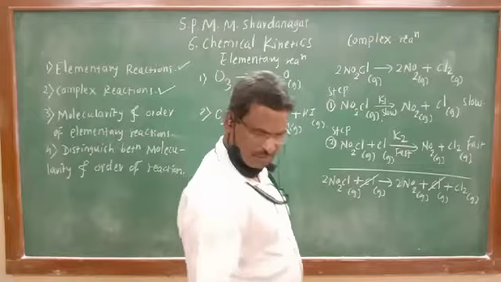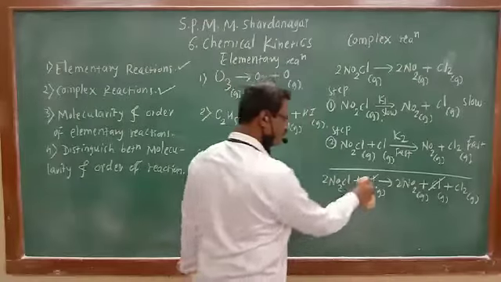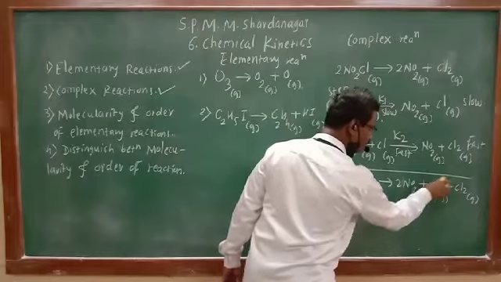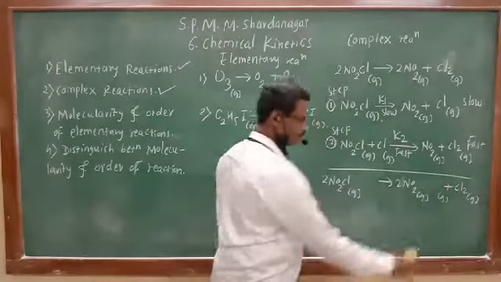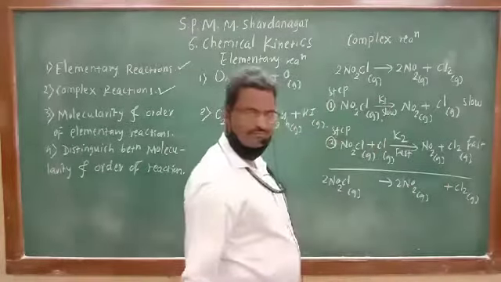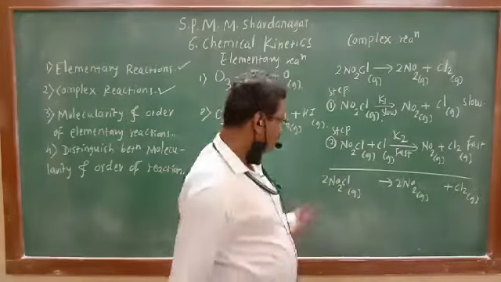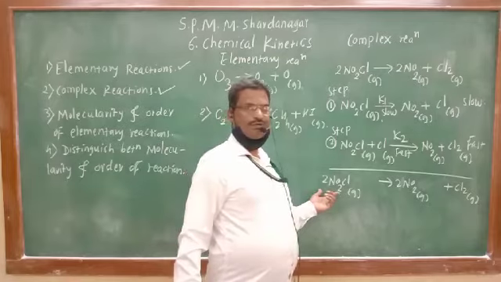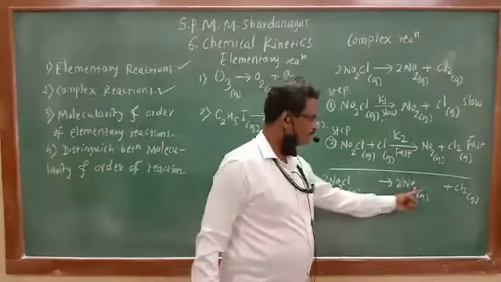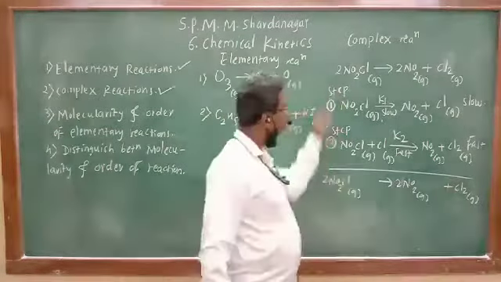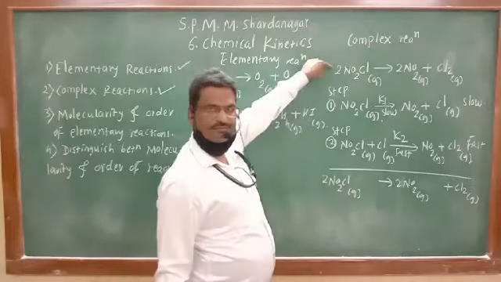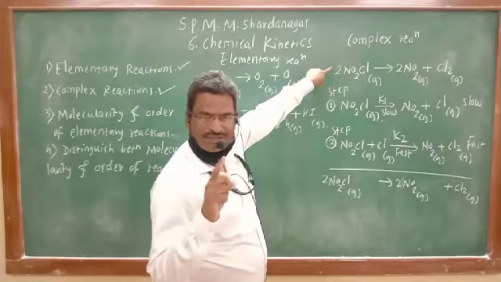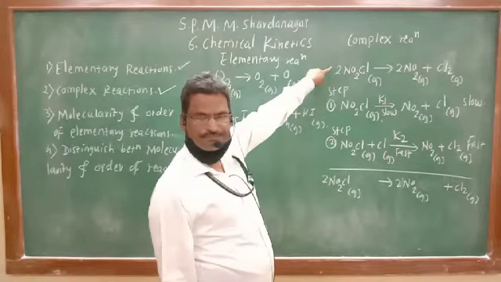So what is the overall reaction? What is the net reaction? This is nothing but the net reaction. In the net reaction, 2 moles of NO2Cl gives 2 moles of NO2 and 1 mole of Cl2. Is this reaction taking place in one step or two steps?